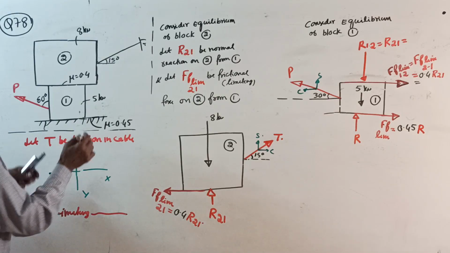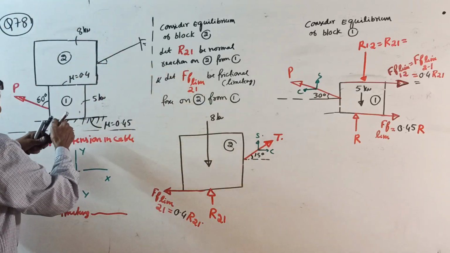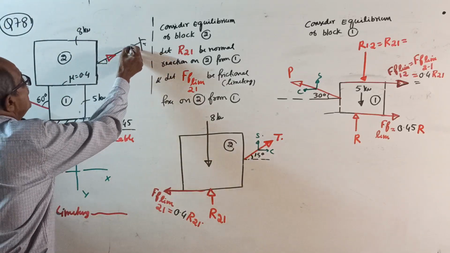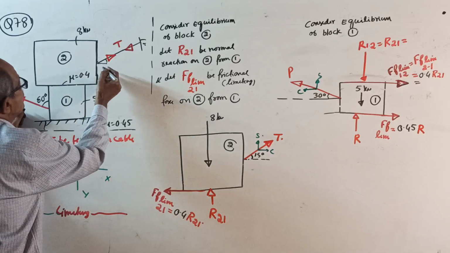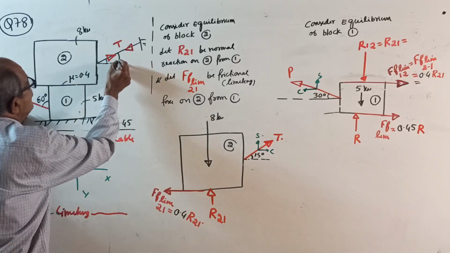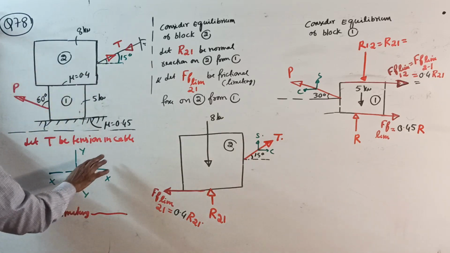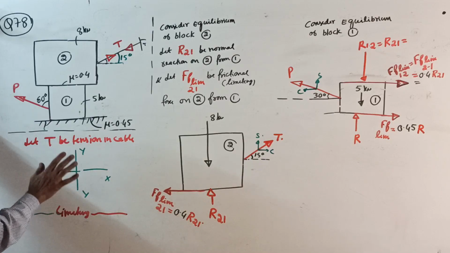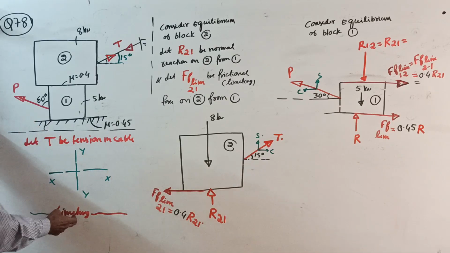Those who have difficulty, see, the 15 degrees is disturbing me. Okay, that 15 degrees, somewhere I will mark here. Tension in the cable right here. As usual, you write x, x, y, y. Then the usual statement of limiting all.